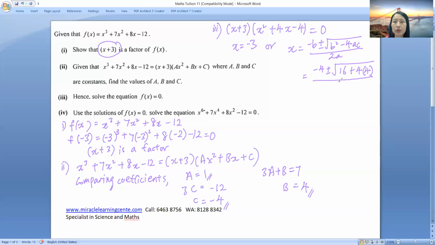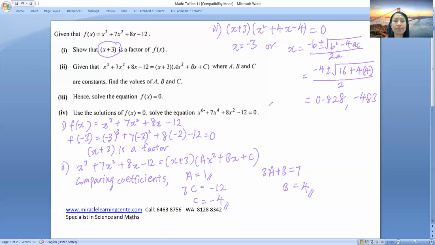A is 1, so 2 times 1 is 2. So the answer will be 0.828 and negative 4.83.